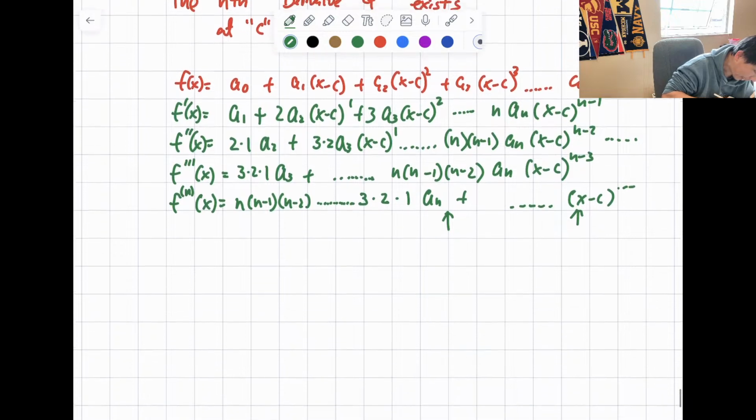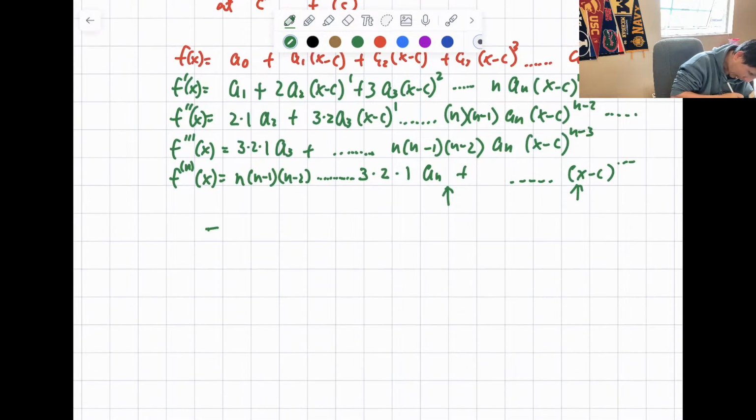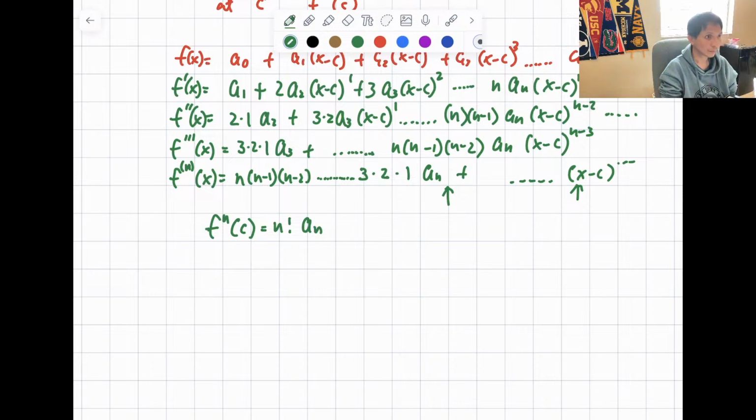So can I rewrite this as the nth derivative of f, and if I plug in c, is equal to n factorial times a_n. So what I do is I take a general power series, and I decide to take the first derivative, second derivative, third derivative.